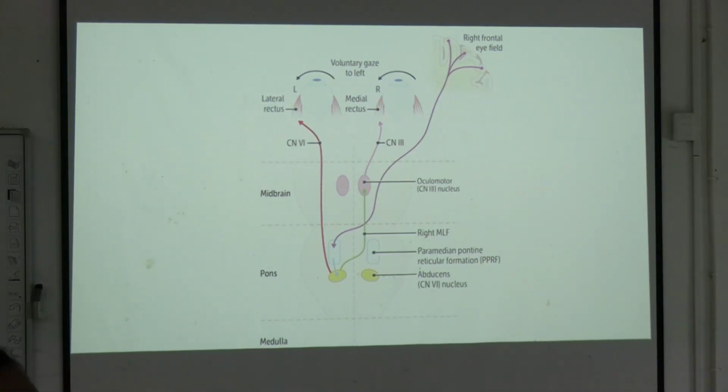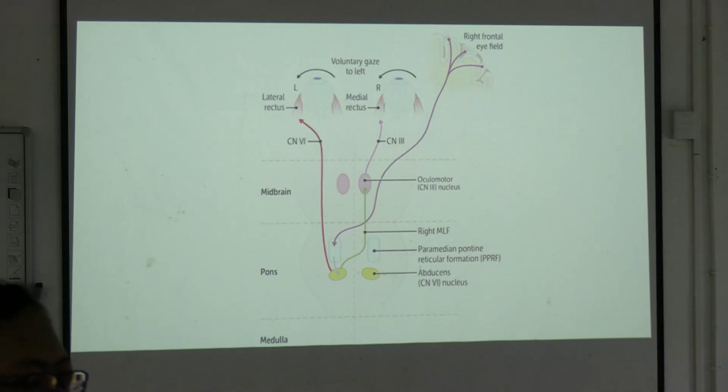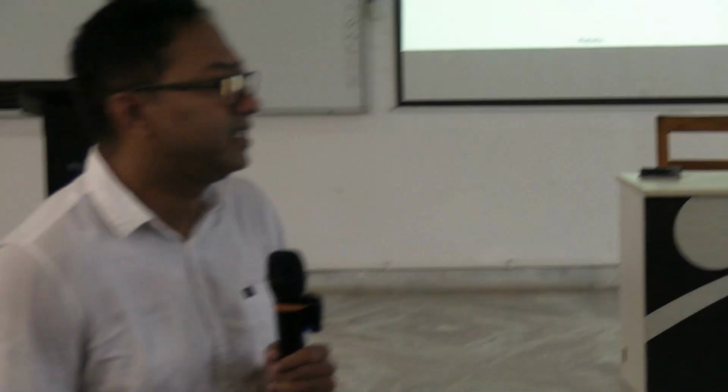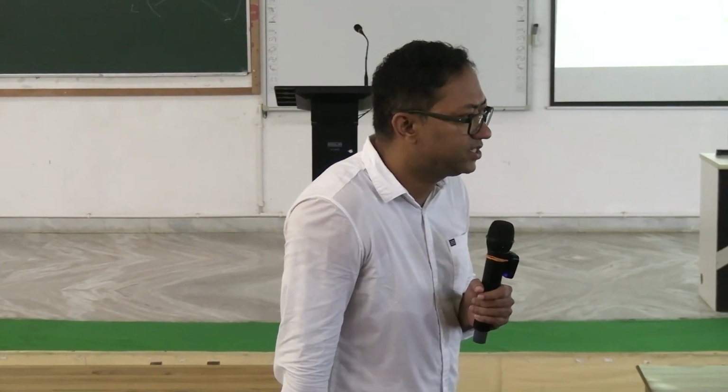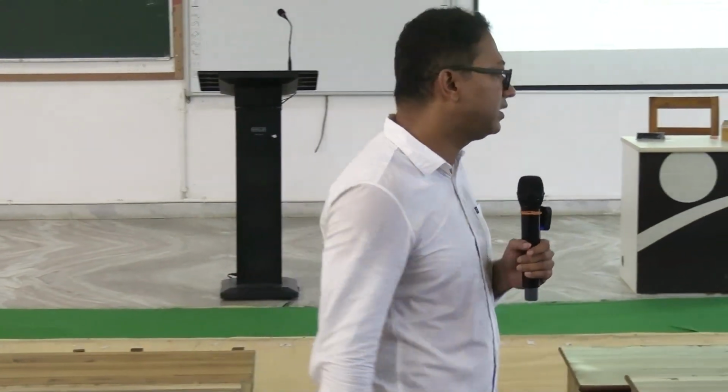Clear? Okay, and the problem happens when this medial longitudinal fasciculus is damaged, due to stroke or any hemorrhage or any tumor or any space occupying lesion. When this medial longitudinal fasciculus is damaged, what will happen?